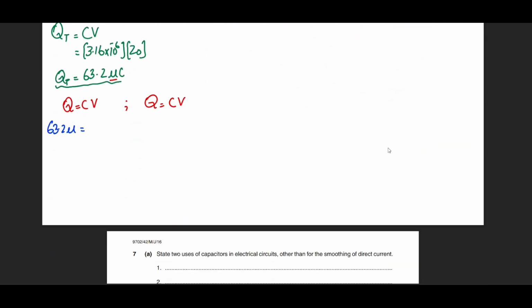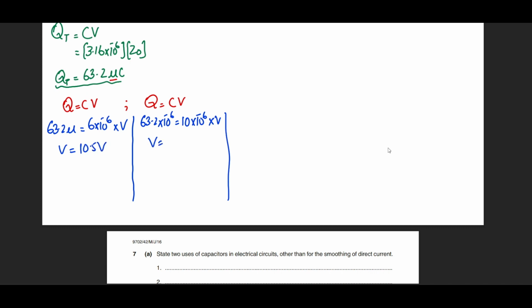I know that. So 6 into 10 raised to the power minus 6 multiplied by V. Similarly over here, 63.2 into 10 raised to the power minus 6 equals to that other one is 10 micro. So that will be 10 to the power minus 6 into V. And when we solve this, we find that this voltage comes out as 10.5 volts and this voltage comes out as 7.9 volts, right?